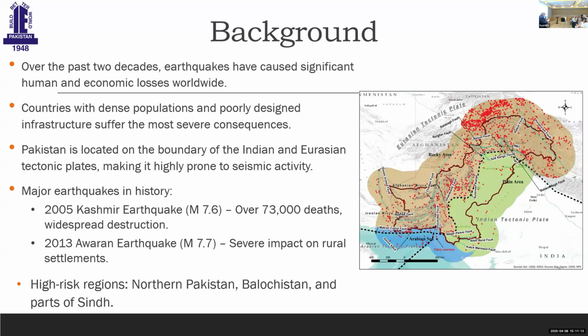So we share a common seismic threat. In recent years, we have had two major earthquakes. One was in 2005 on the 8th of October, and 73,000 people died. And then we had an earthquake in 2017, but luckily this was a very less populated area. However, there was significant damage. And the other parts of the country are no less vulnerable.